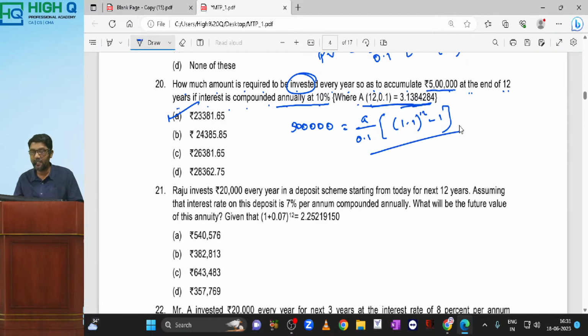Actually, they are given the entire value of this, and that entire value has to be divided. Better you go by this formula. Next one.